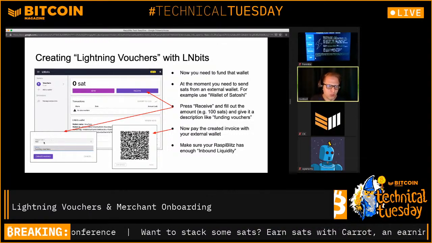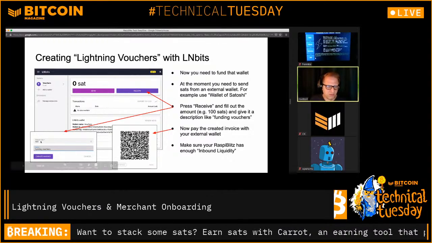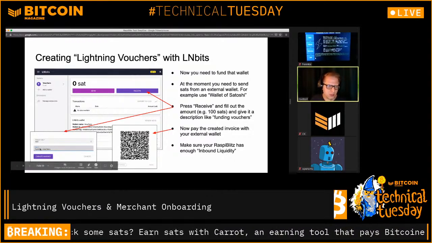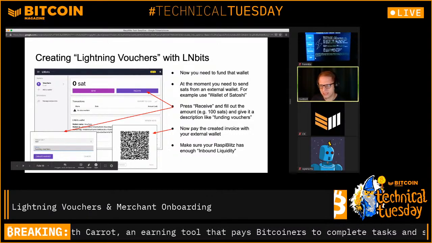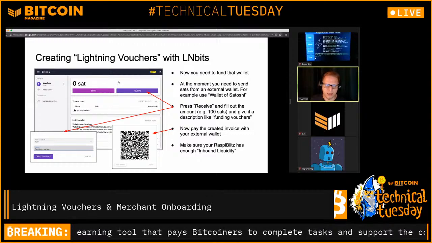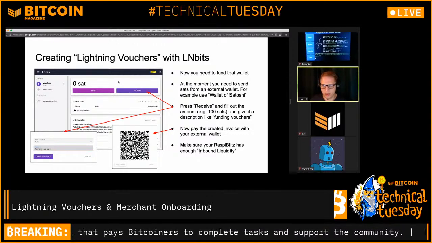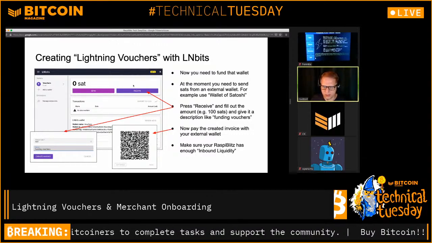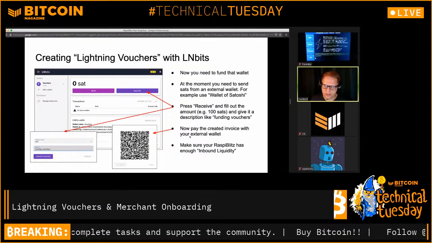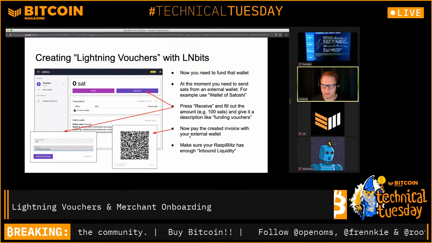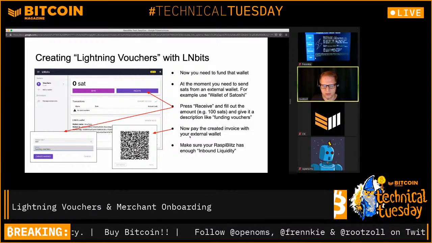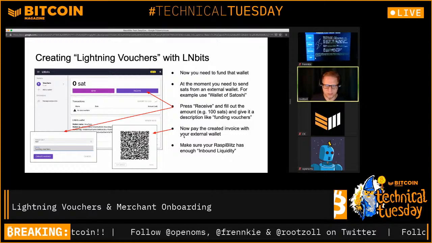So you go here, receive, you say I need 200 satoshis in here under fund vouchers, which is the funding for the vouchers, create invoice, and you pay then with this external, this temporary wallet. Okay, so now this is funded. Always make sure that your RaspiBlitz has enough inbound liquidity and all this stuff, so that the basic Lightning infrastructure is ready for people trying stuff out.